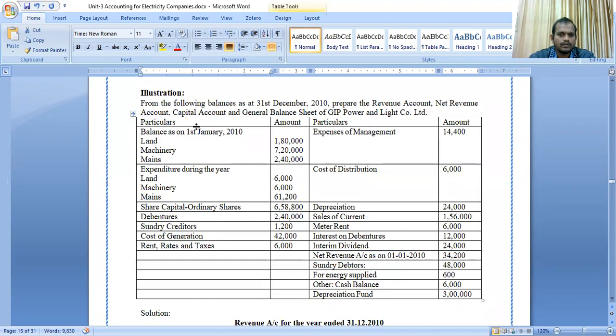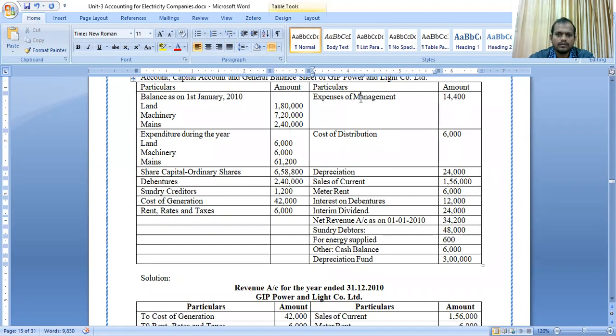So the items which are mentioned in the debit side, I just considered all the things. So only this side. Okay, this one I considered. Cost of generation considered. Depreciation also considered in the revenue account.